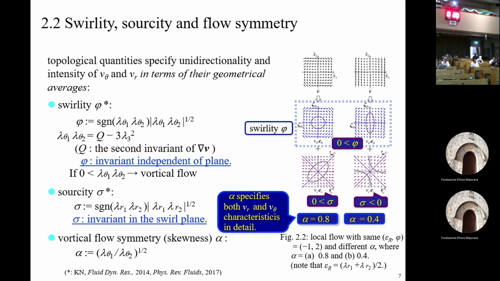And vortical flow symmetry is defined by the ratio of the two eigenvalues of the azimuthal component. So even though swirlity is the same, if vortical flow symmetry changes, the azimuthal flow feature changes, and the feature of the radial component also changes according to the value of vortical flow symmetry. If symmetry is low, then the radial flow tends to have both inflow and outflow.